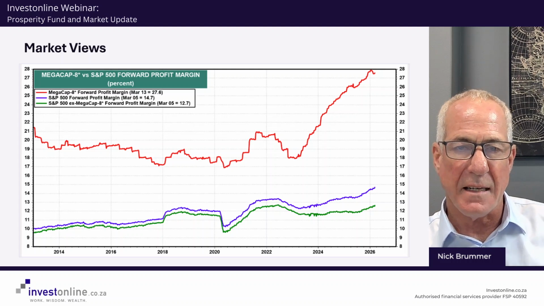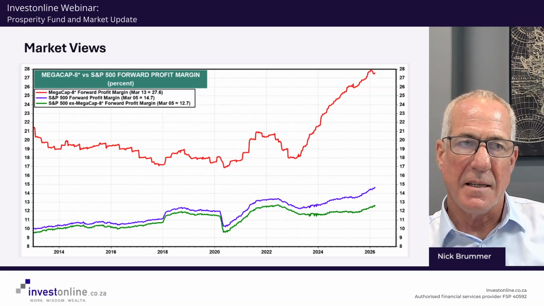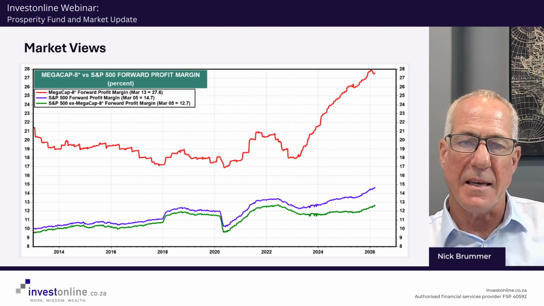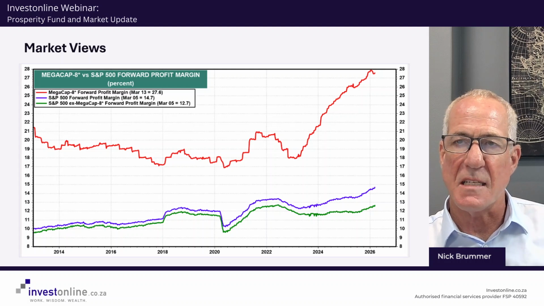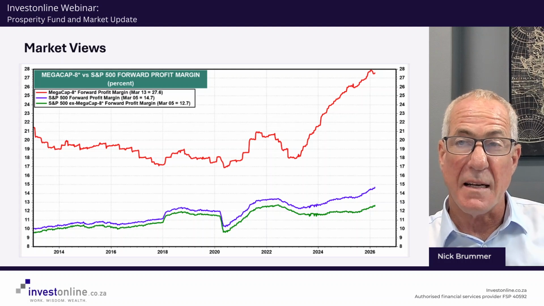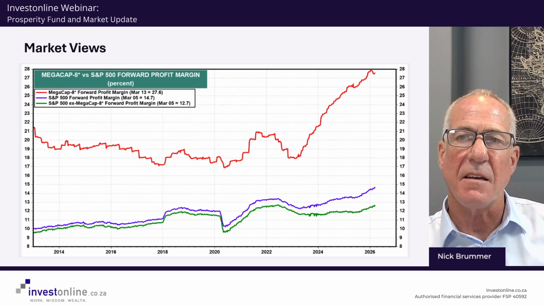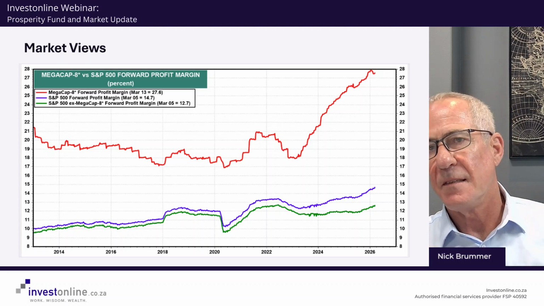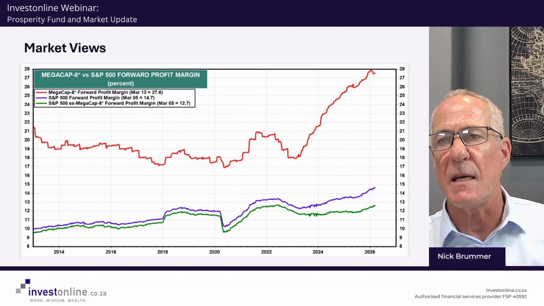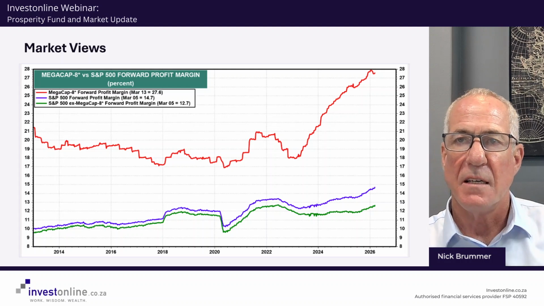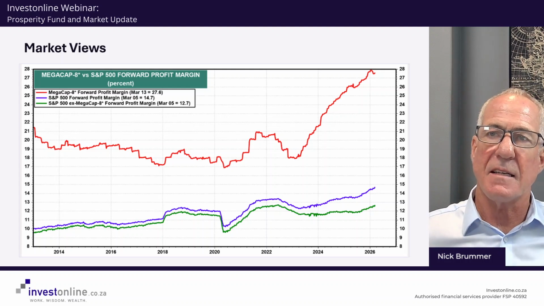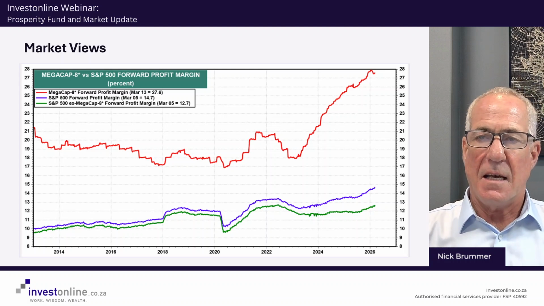The green line is operating profit margins excluding the big mega cap 8 companies, which used to be the Magnificent 7, now the Magnificent 8, and that's what the red line is. You can see the profitability of those companies is sky high, near 27, 28% operating margins. The big one, NVIDIA, I think is near 50%.